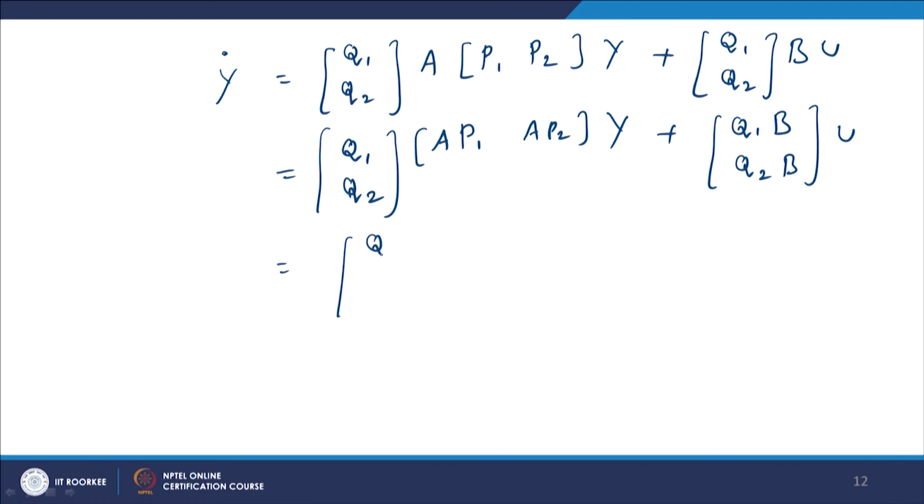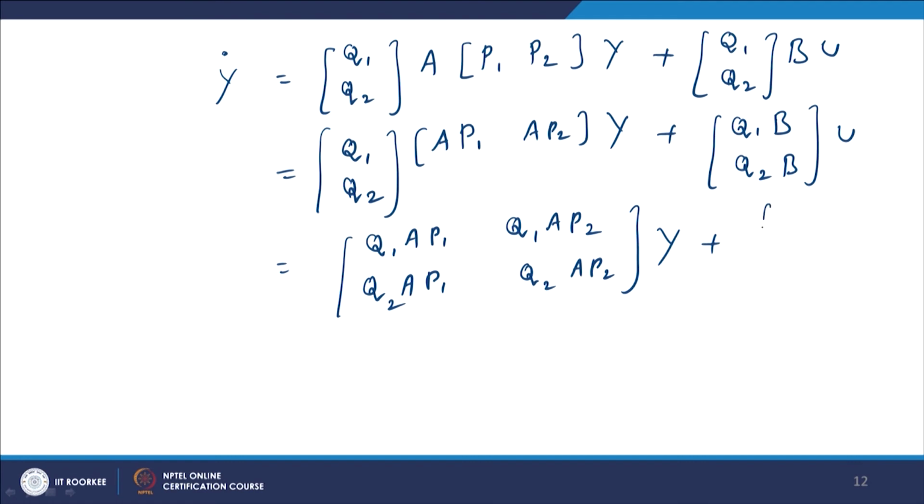So, this will give Q1 AP1 and Q1 AP2, Q2 AP1 and Q2 AP2 multiplied by the vector y, and this is as it is Q1 B and Q2 B multiplied by U vector.